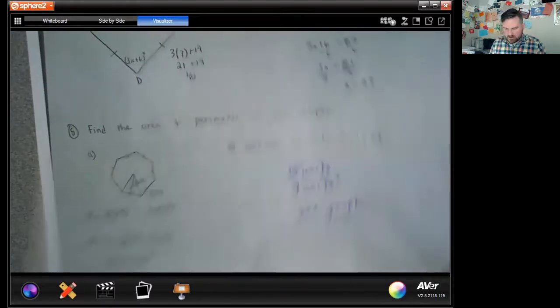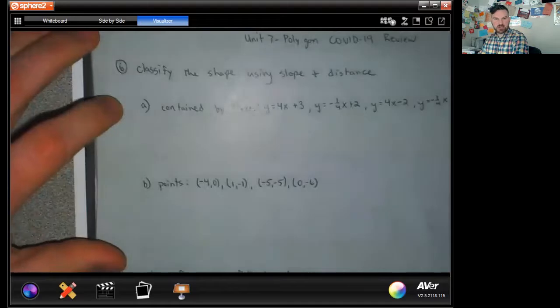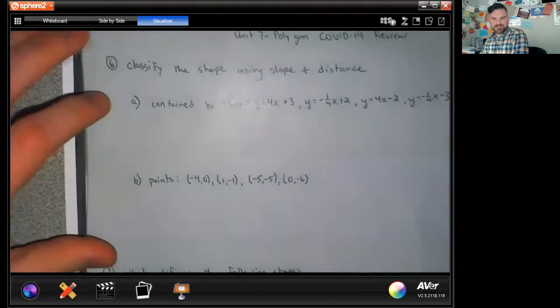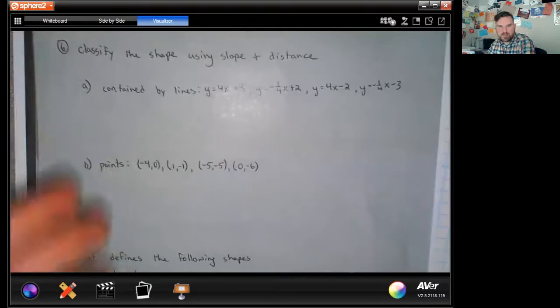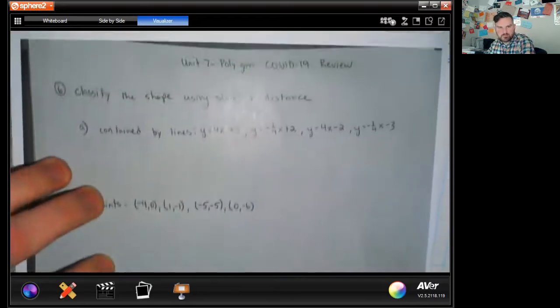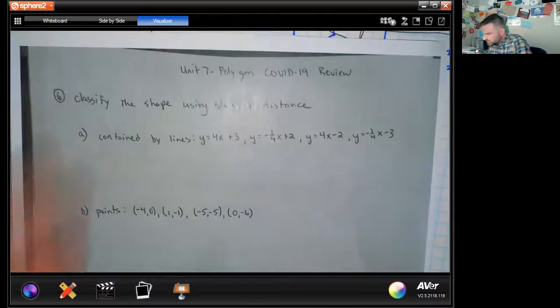All right, and our last page here, starting with 6, it says classify the shape using slope and distance. So we have some lines here to graph.